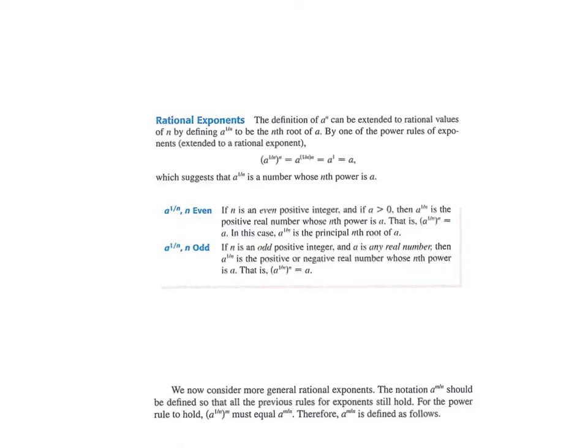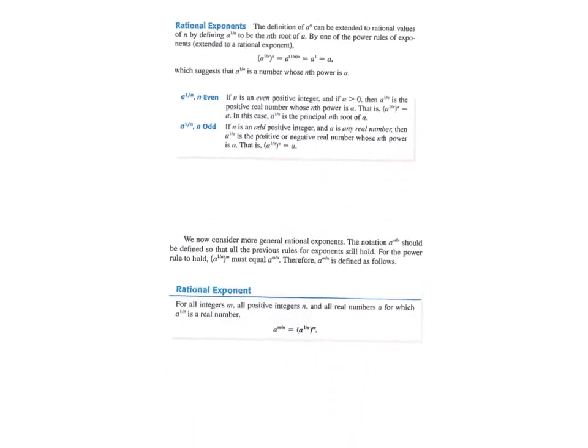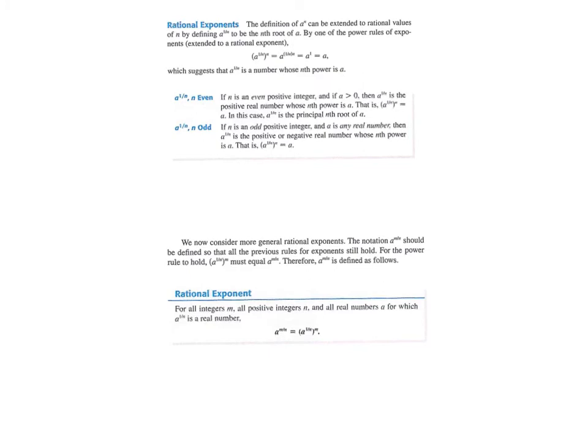So if you have any negative numbers raised to an even root, meaning the bottom of the fraction is an even number, we can't do those. But if it's an odd number, we can find that root. So here again is the key concept for the rational exponent.